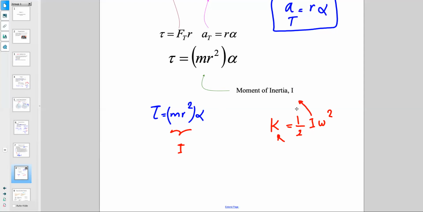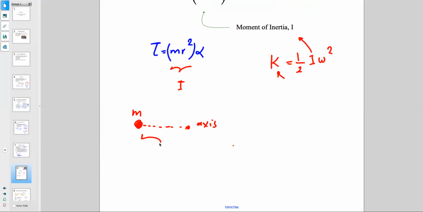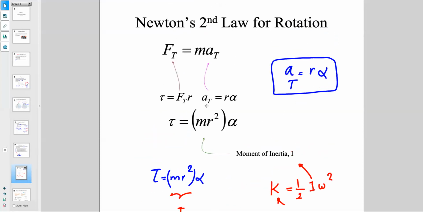For an object, for example, a ball of mass m rotating around the axis of rotation, right there, and at a distance of r from it, so this is r, the moment of inertia would be mr squared. So in our case, tau equals mr squared alpha, and this mr squared is just the moment of inertia.